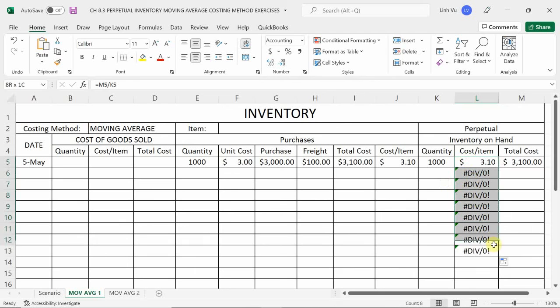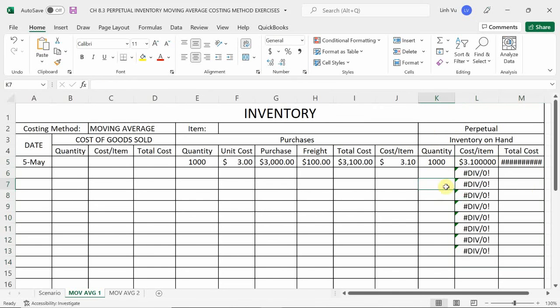I want to highlight this and I want it to display at least 6 decimal places, right? So you can see how the average is going to move along every single time we purchase and every time we sell.